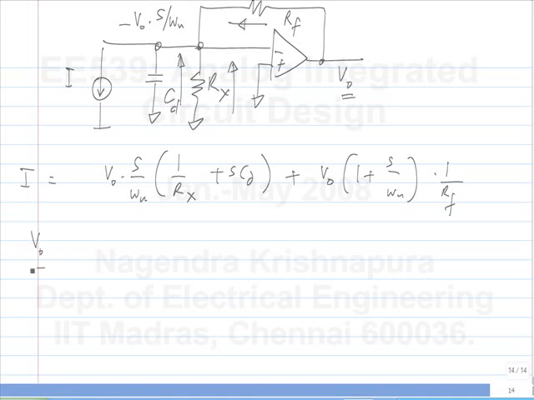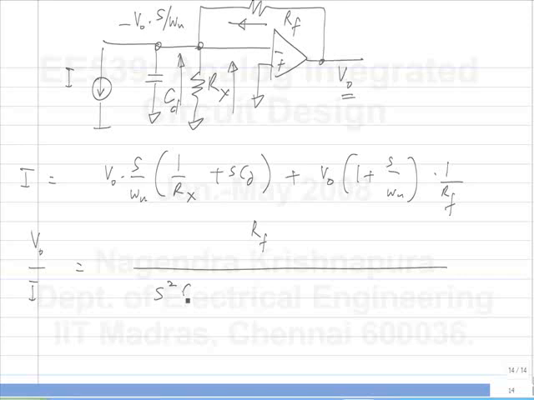Okay, so V naught by I turns out to be, so again we get a second order denominator which we can adjust for maximal flatness.